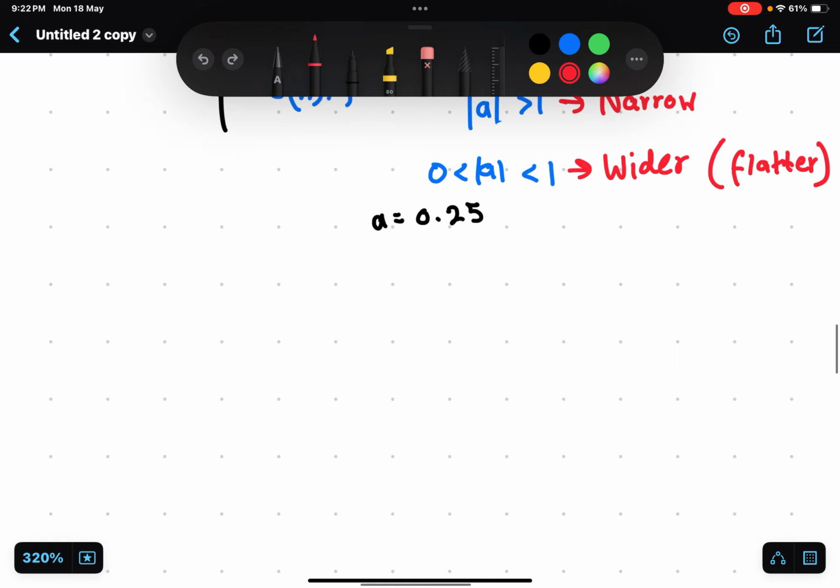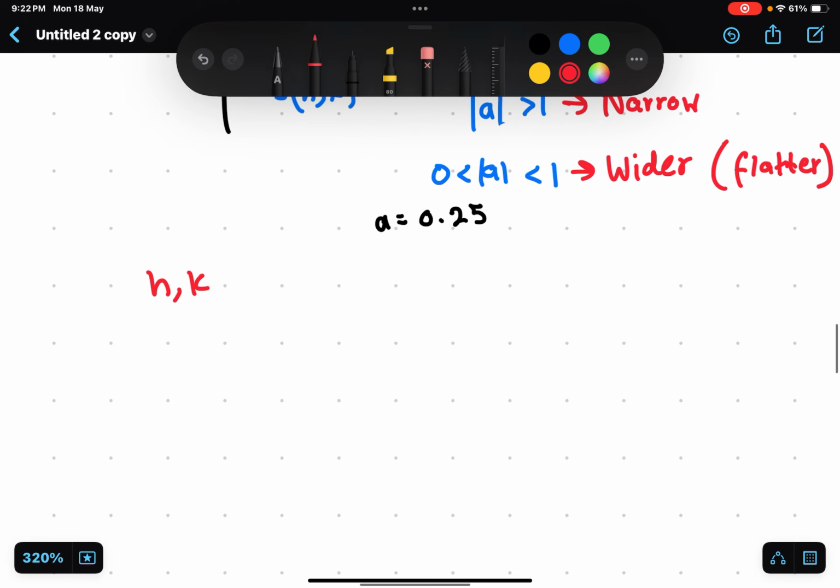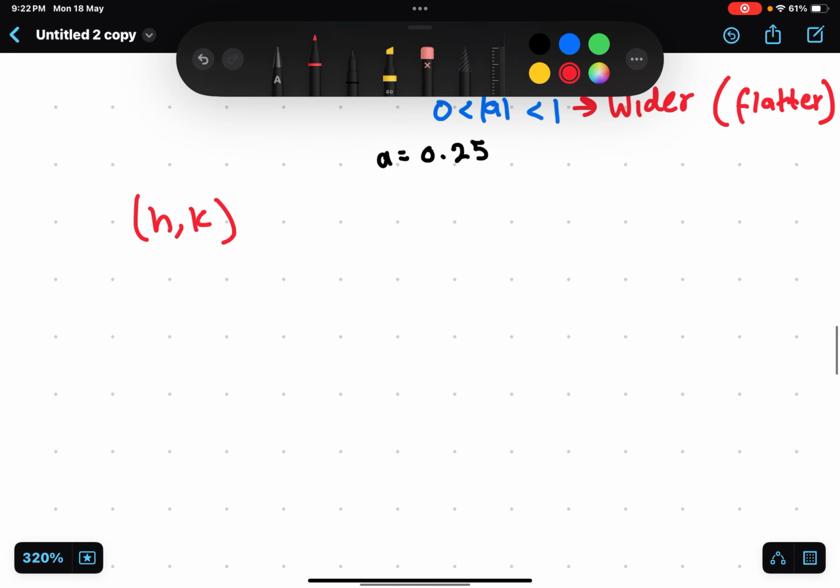Let me just explain a bit more about H and K very quickly. Basically, here, our H is the x value of the vertex.